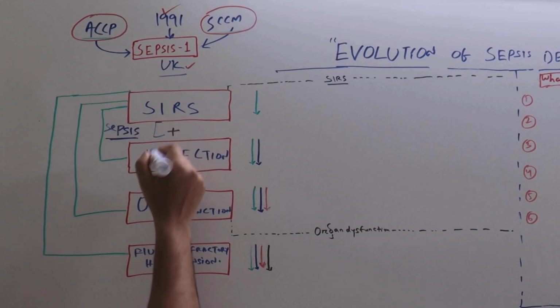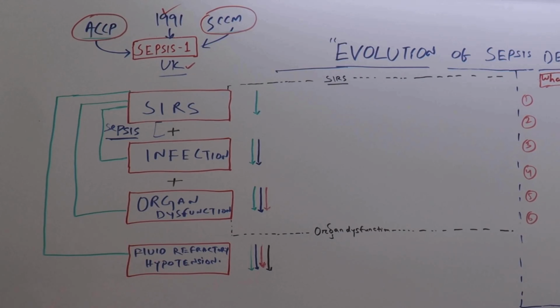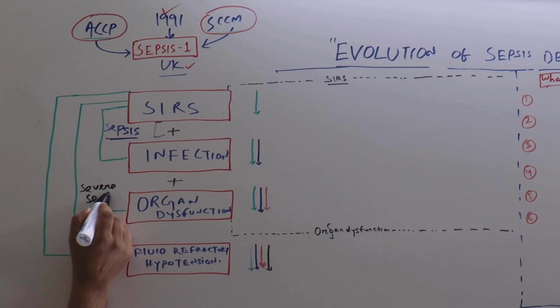And SIRS plus infection plus organ dysfunction is severe sepsis.